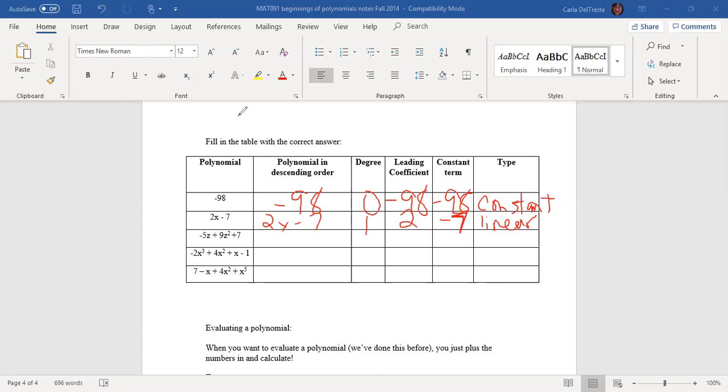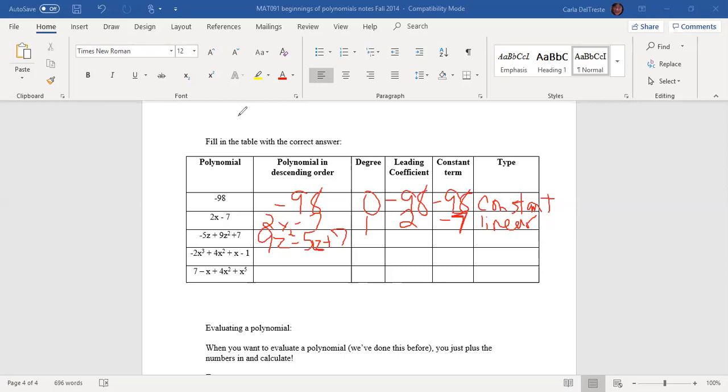All right, let's look at the next one. -5z plus 9z squared plus 7. Okay, this one's not in descending order. We're going to have to rearrange first. This should really be 9z squared minus 5z plus 7. I'm going to have to rearrange the highest exponent down to the lowest exponent.